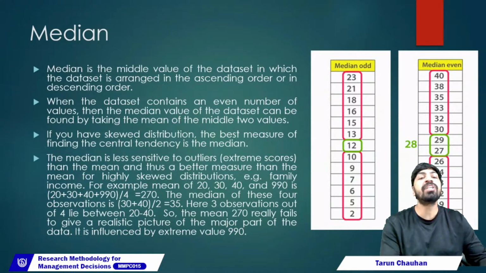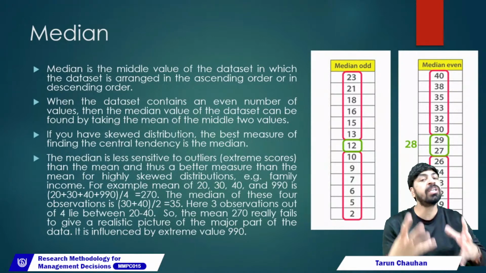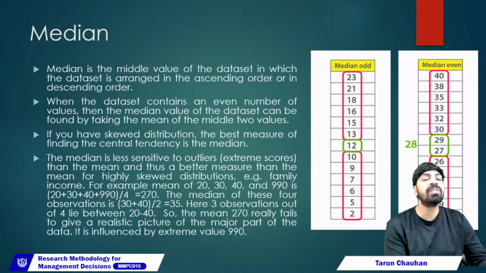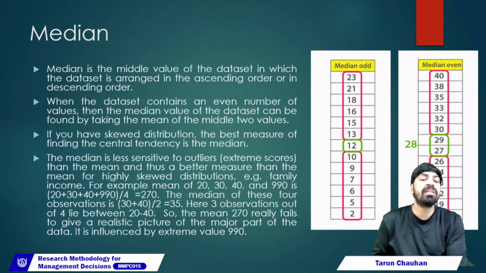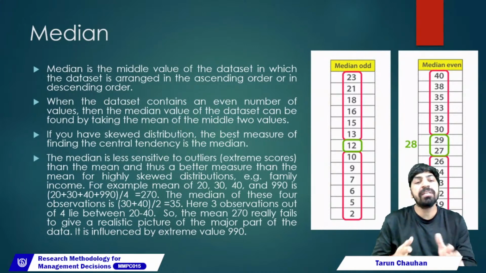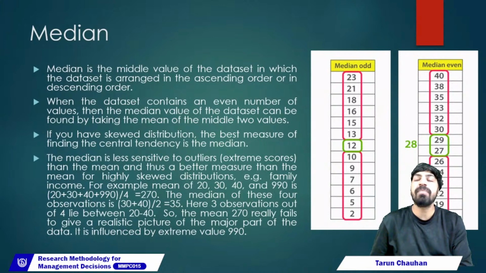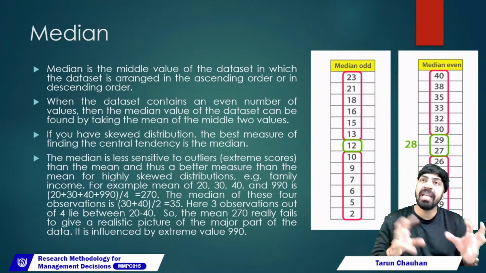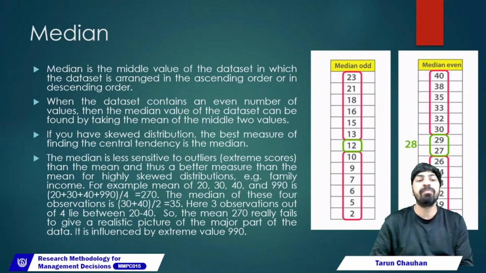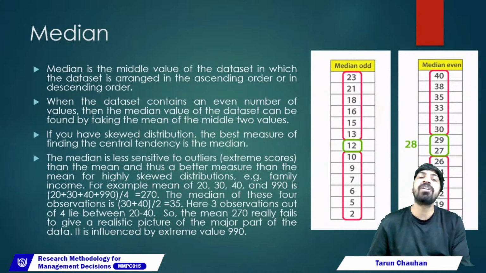So if you have a skewed distribution, what is a skewed distribution? A distribution where the three main measures of central tendency, mean, median, mode, are equal. So when we talk about the skewed distribution, these three parameters of statistics are equal, and that's why under the skewed distribution, the best measure among these three is the median, because median is the middle value of the data set.